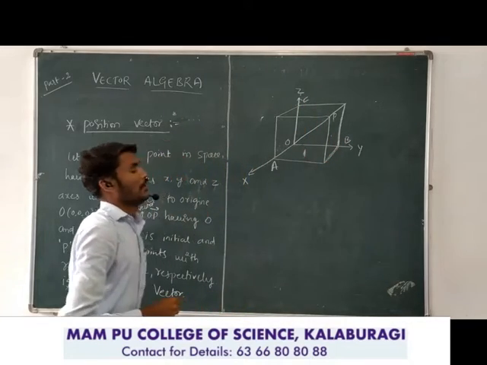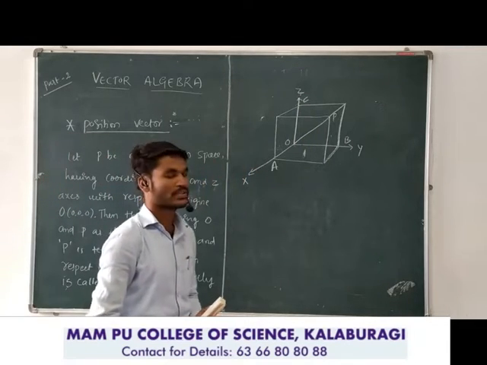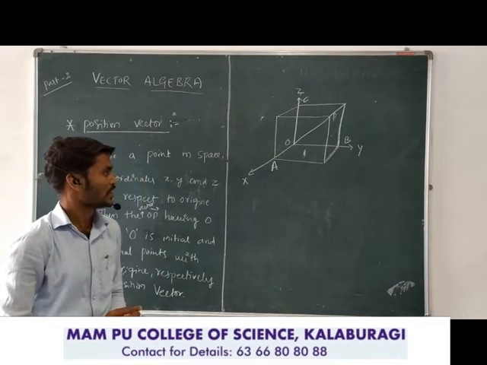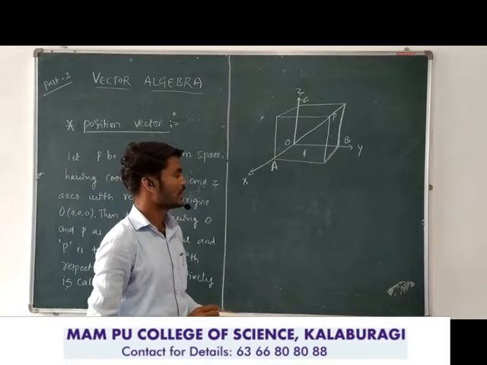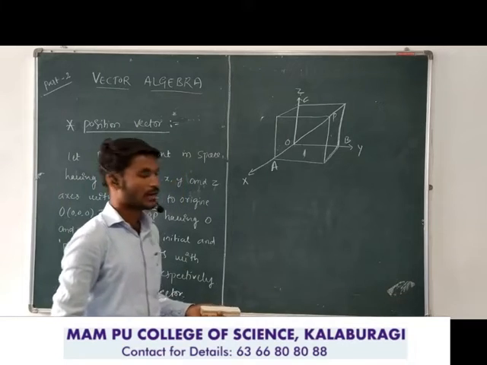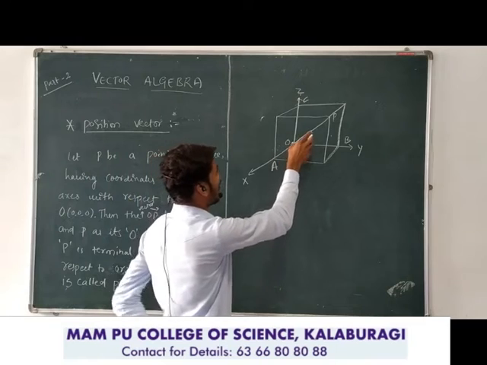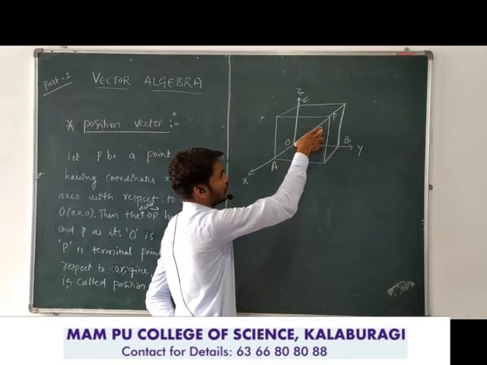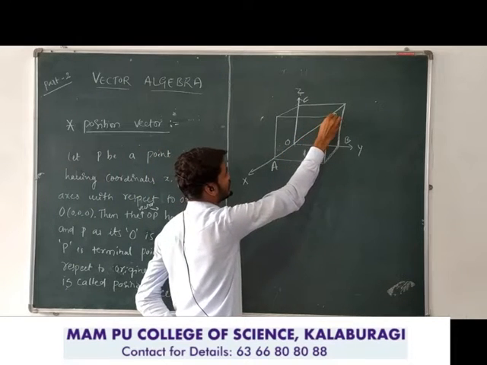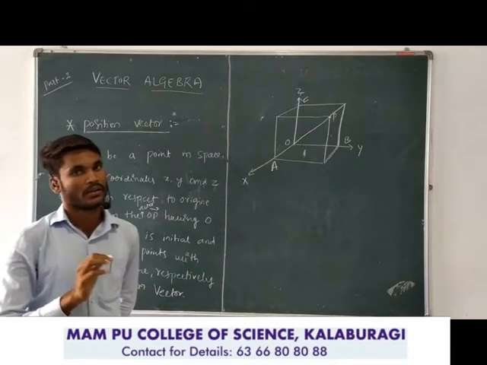Here, by using the distance formula from your first PUC three-dimensional geometry, we already derived this equation. By taking the help of distance formula, I will derive the magnitude of OP, that is the position vector, or we call it the length of the vector.